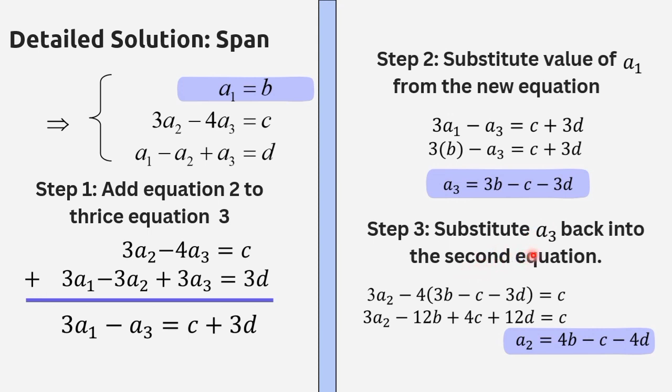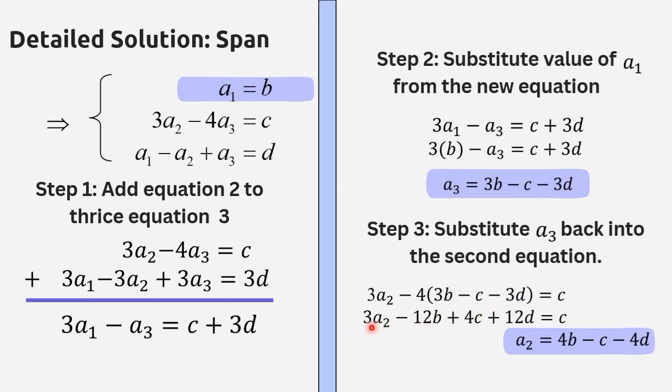Now here through distributive property, we're going to distribute 4 to the terms inside our parentheses. So we have 3a sub 2, we'll just copy, and negative 4 times 3b, that is negative 12b, negative 4 times negative c, that is positive 4c, and negative 4 times negative 3d, that is equal to positive 12d.